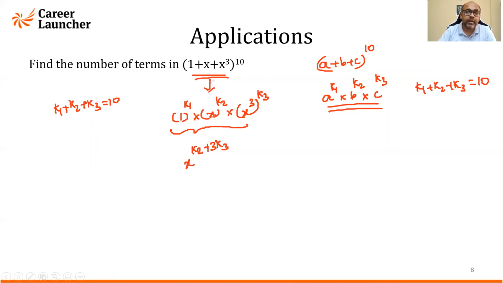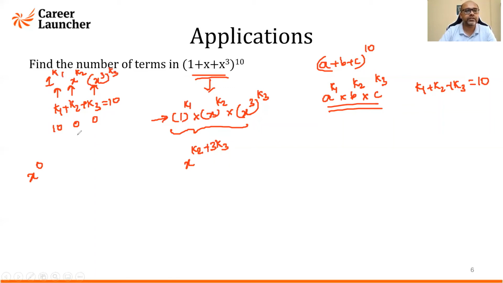Now what is the minimum power of x? Minimum power of x is x power 0. How do you get this? When you make these two zeros and you make this 10, you will get 1 power 10, x power 0 and x cubed to the power of 0. Remember, this is 1 to the power of k1, this becomes x to the power of k2, and this becomes x cubed to the power of k3.